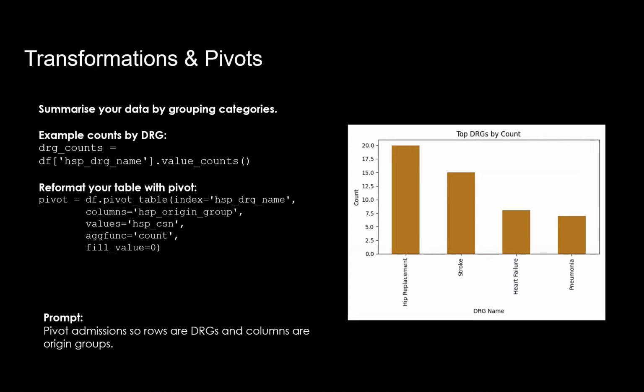Another thing that we can do with Python is to summarize data and group and transform it, even pivot it. So as an example, we've got this DRG counts here, which we are making by taking our data frame and going to this hospital DRG name column, and then we apply this function value counts.